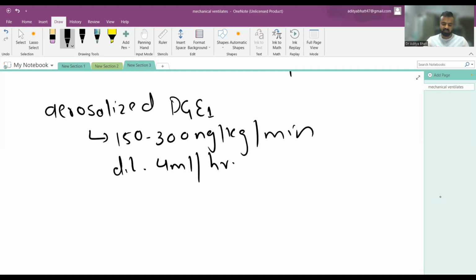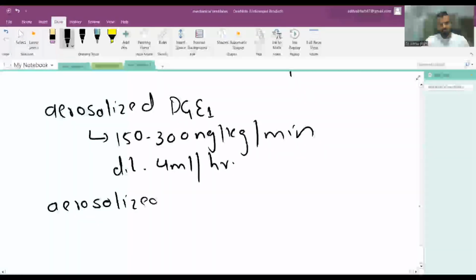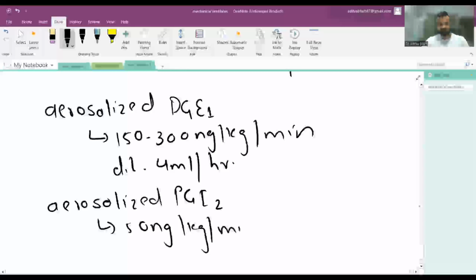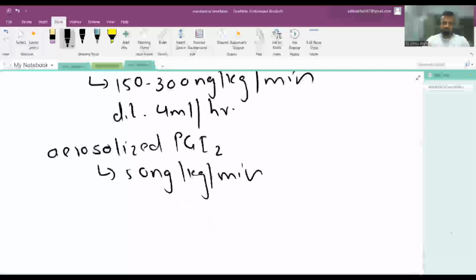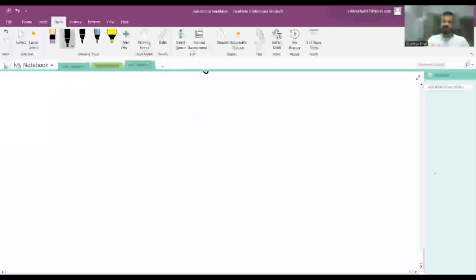And the dose of inhaled aerosolized PGI2 is 50 nanogram per kg per minute. So these are the doses of PGE1 and PGI2. I have not visited anyone or any center that is using this, but for theoretical purposes, please remember.